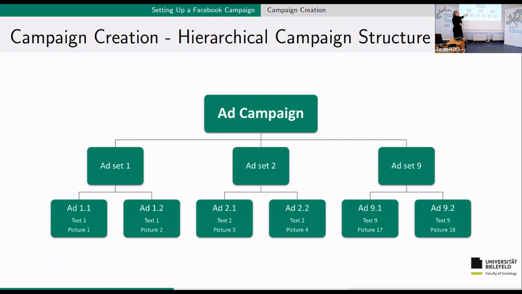Your specific ad has a specific text and a specific picture or video, and then there could be another image or video, but under the same ad set. On the ad set level, you define placement, cost, and targeting. Okay, I understand. Thank you very much.